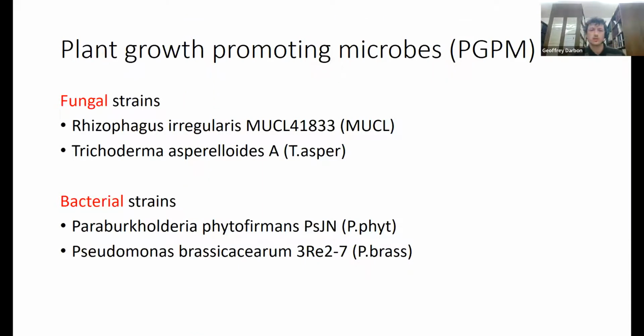So the microbes we inoculated, as Jean-Pierre explained, are very different ecologically speaking. We had two fungal strains: a mycorrhiza, Rhizophagus irregularis, and a non-mycorrhizal fungus, Trichoderma aspergilloides, and two bacterial strains, Arvalis phytophilans and Pseudomonas boasicacearum.